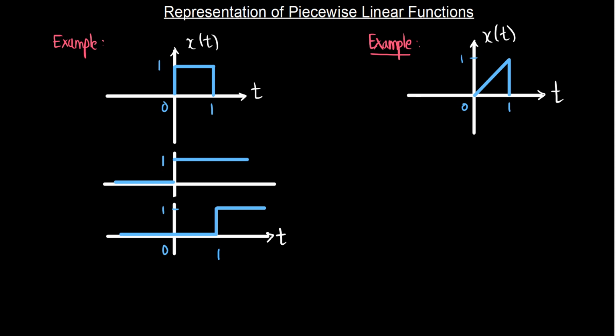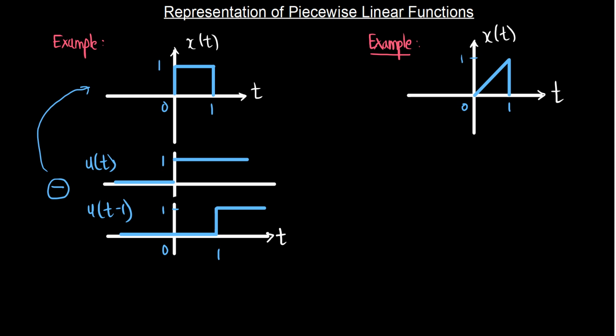So you may see that this signal that was given, that is x of t, is actually the result of subtraction of these two signals. So this signal that is u of t here and this signal that is u of t minus 1, if we subtract these two signals, you will get the original signal.